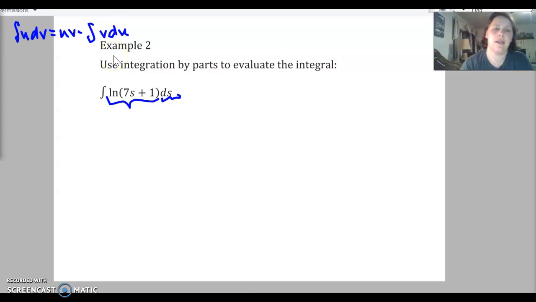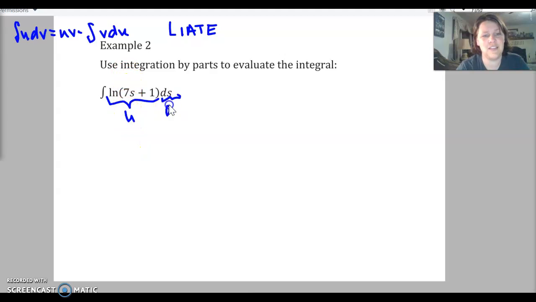Okay, and then also remember our little acronym here, LIATE, that can help us remember the order. So we have, oh actually that's not even going to help us any because we have a logarithmic function and that's it. So yeah, we're going to set the logarithmic function equal to u.